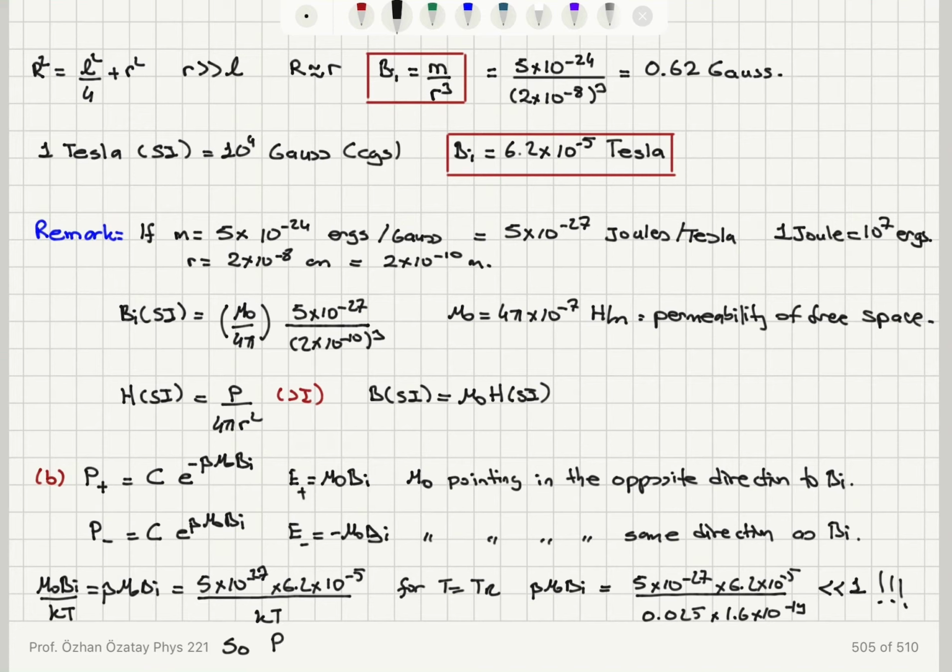I can write P plus as approximately C times 1 minus beta mu 0 Bi, and P minus approximately as C times 1 plus beta mu 0 Bi, because e to the x is 1 plus x when x is much less than 1.